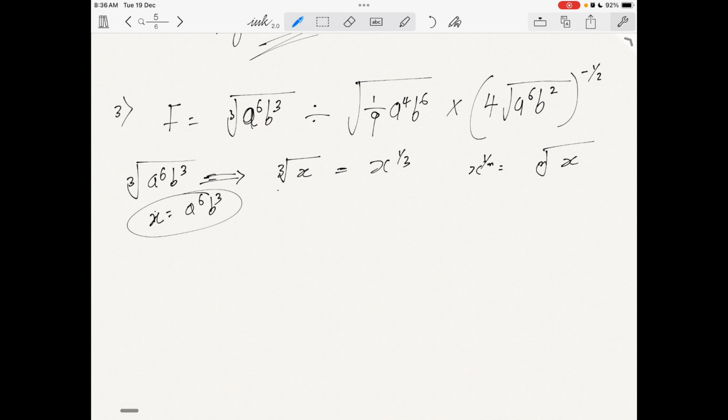And since x is equal to a raised to power 6 b raised to power 3, it is a raised to power 6 b raised to power 3, all raised to power 1 over 3.